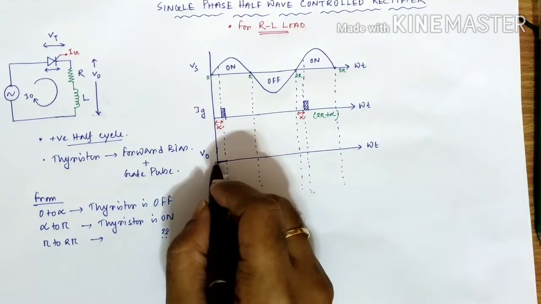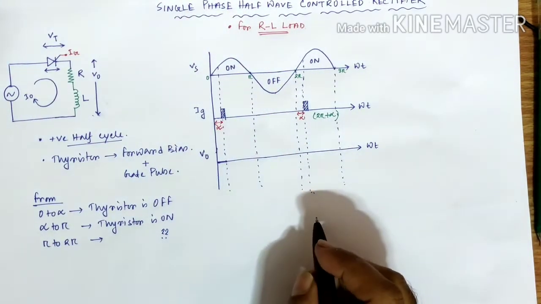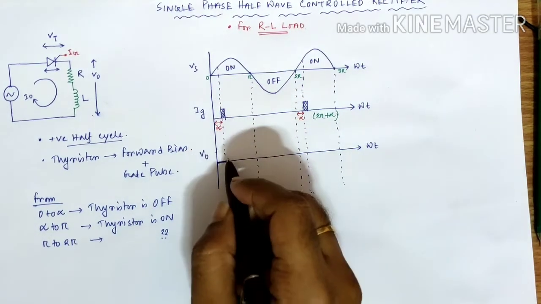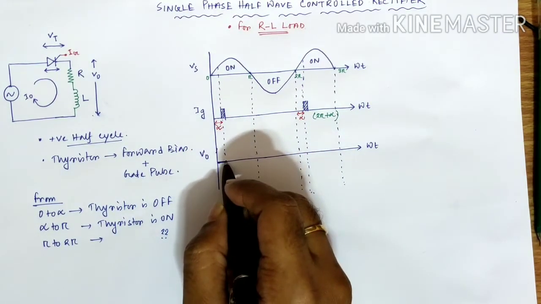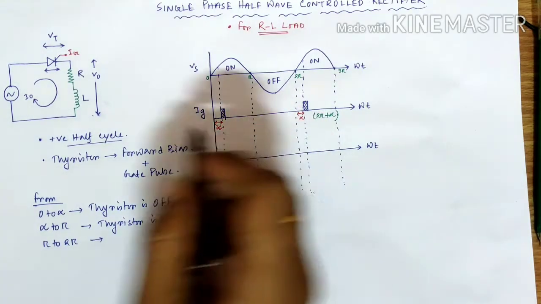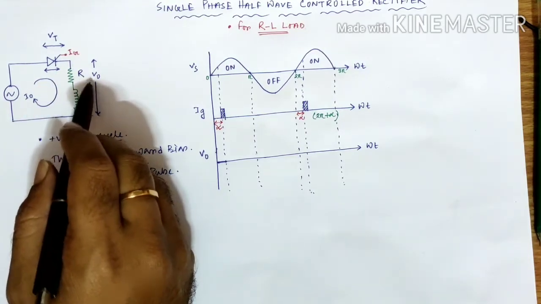So from 0 to alpha, we understand that this is off. Now as soon as we have applied the gate pulse, the thyristor gets turned on. So that means the Vs voltage is directly available as V0.